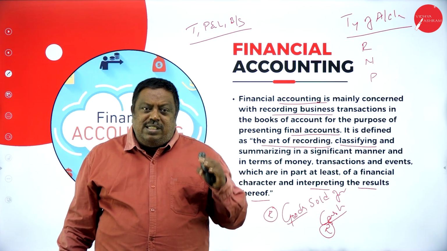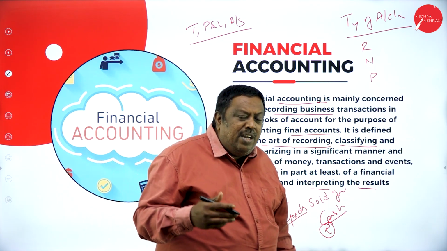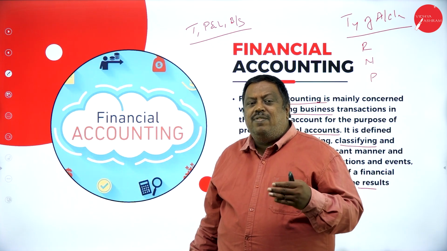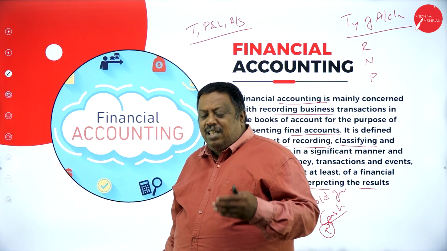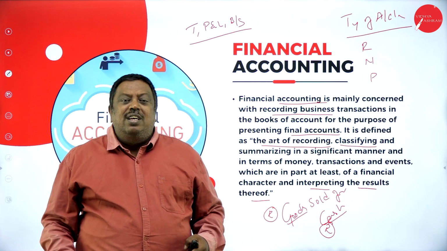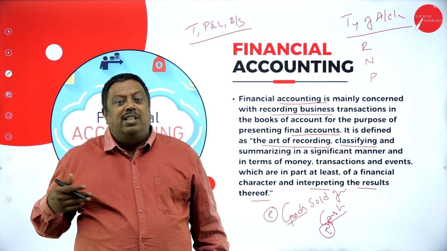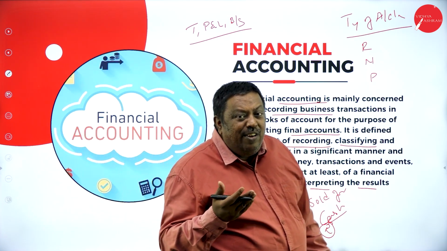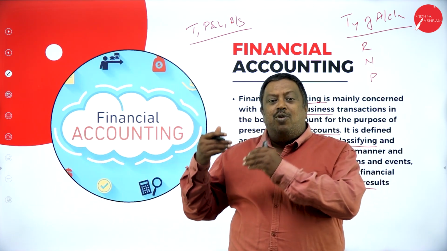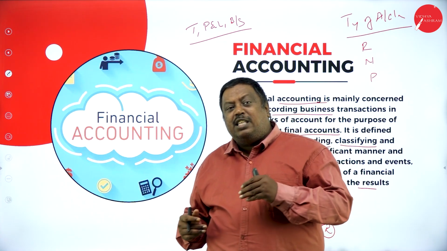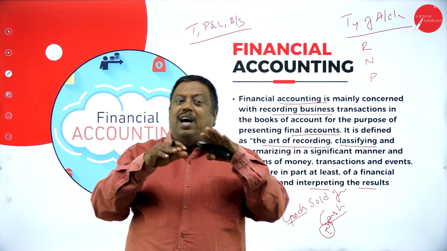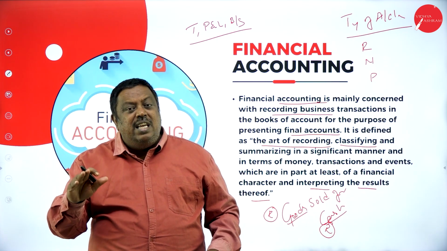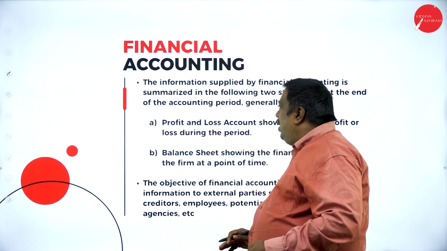When you summarize all the things, when you prepare your trading account, profit and loss account and balance sheet, then you check where we are standing, and based on that, you interpret, meaning you write some decision-making concept on where you're standing. So in future, if you want, you can increase your expenses to earn more profit, or you can control your expenditure to earn more profit or to have a stable profit in the business. This is a major concept in financial accounting.